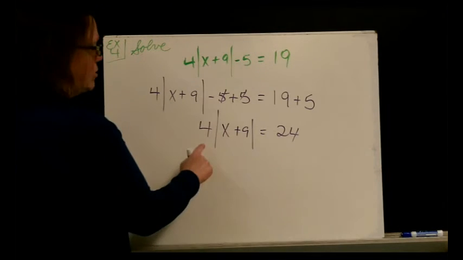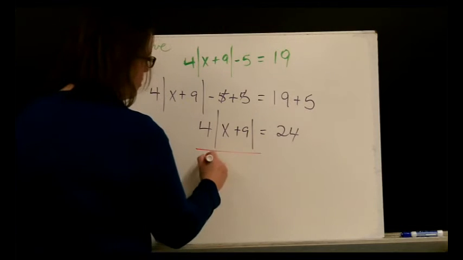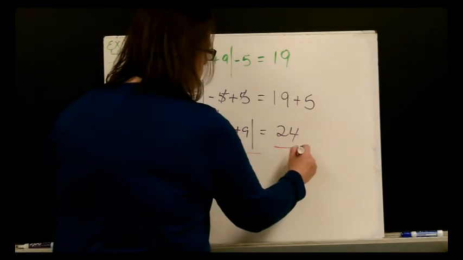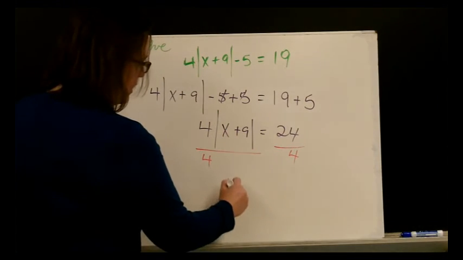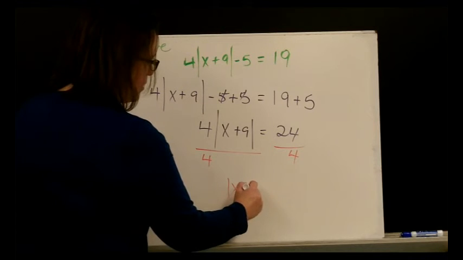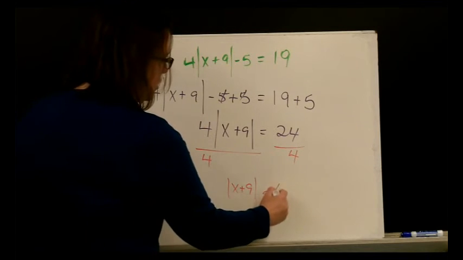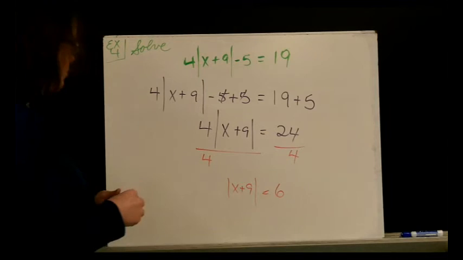Now we have to get rid of this coefficient. So we're going to divide both sides by 4, and we're left with the absolute value of x plus 9 equaling 6.